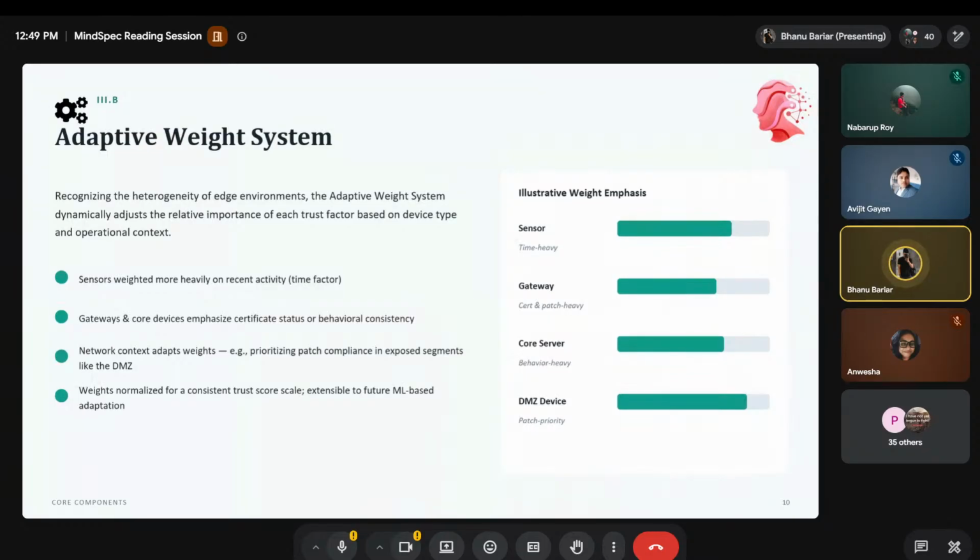You may have seen that most traditional trust models assign fixed weights. For example, time might always contribute 25%, patch level always 25%, behavior another 25%. But this assumes every device has identical characteristics, which is not practical. In practice, that assumption is unrealistic.